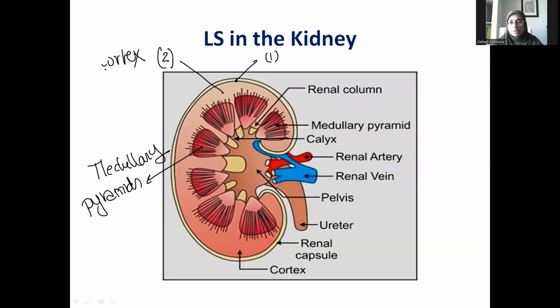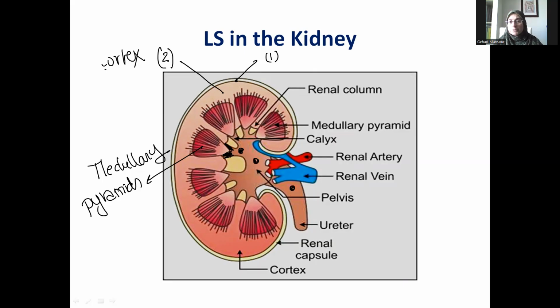And then the medullary pyramids pour their urine content into minor calyces, and then into major calyces, and then into the renal pelvis, and then into the ureter.